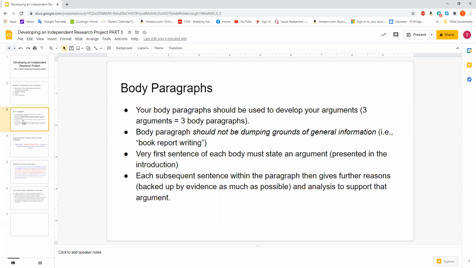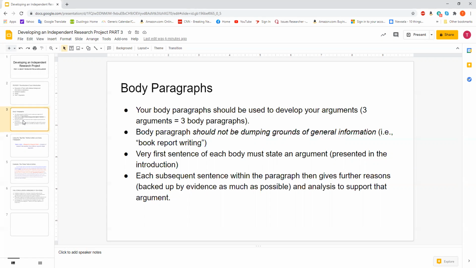Instead, the very first sentence of each body paragraph needs to state an argument. So the way that you ordered your 3 arguments in your introduction, that should be the order with which you tackle the arguments in the body of your paper. So your first argument stated in your introduction, that's going to be your first sentence of your first body paragraph.